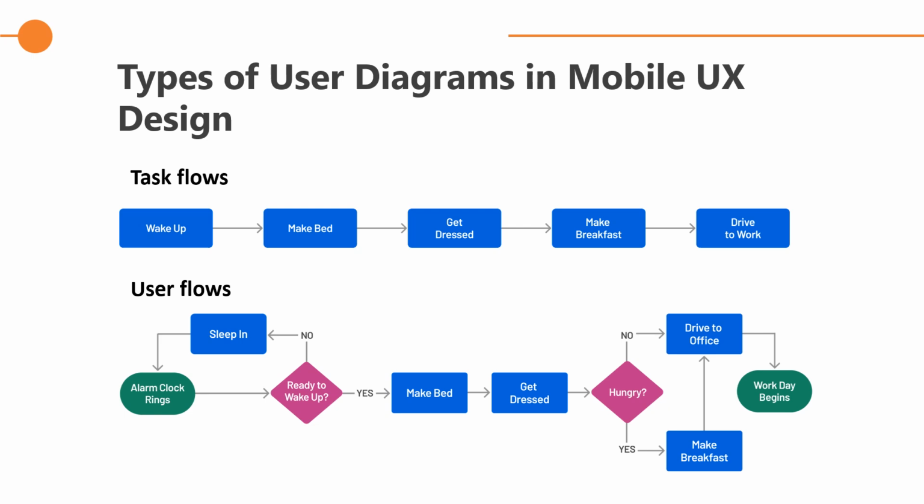While user flows focus on your target audience's interaction with a product. User flows emphasize that all users might not perform tasks the same way, and they may travel different paths. They're attached to a specific persona.